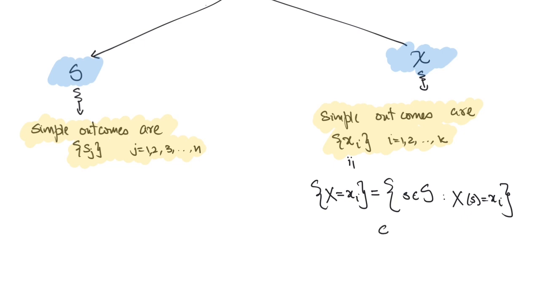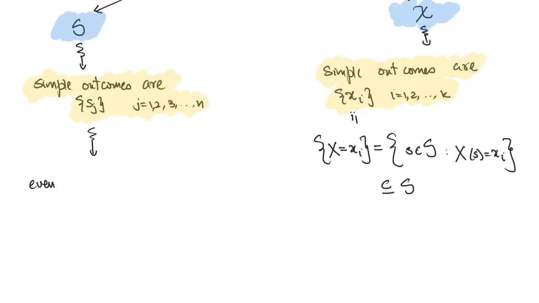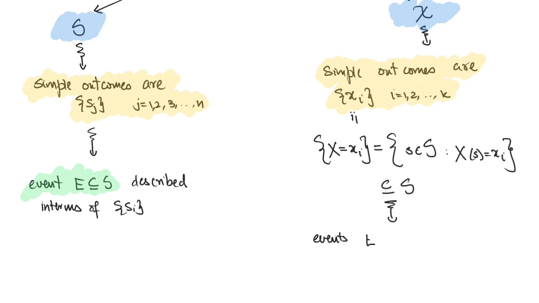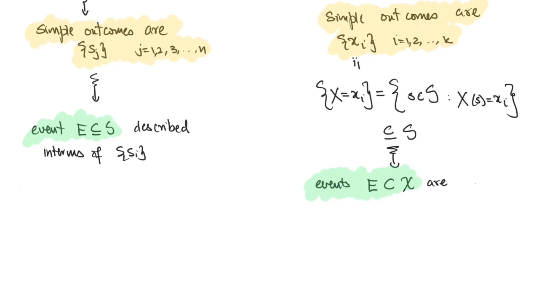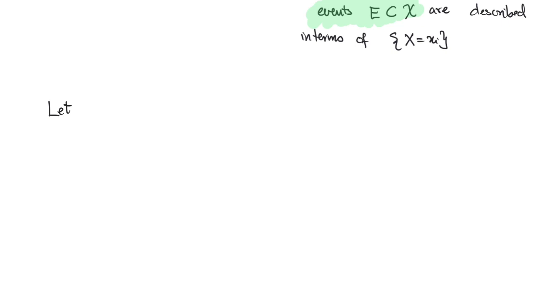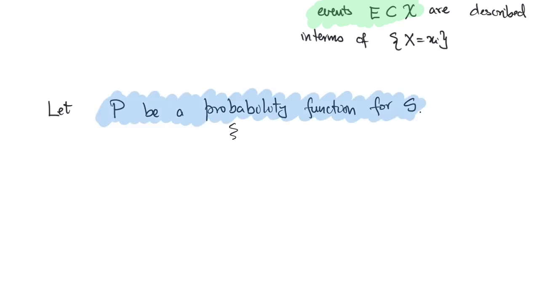This is a subset of script S. We note that an event in the context of the sample space S is defined in terms of the simple outcomes s_i, whereas an event in the sample space script X is described in terms of the simple events X equals x_i.